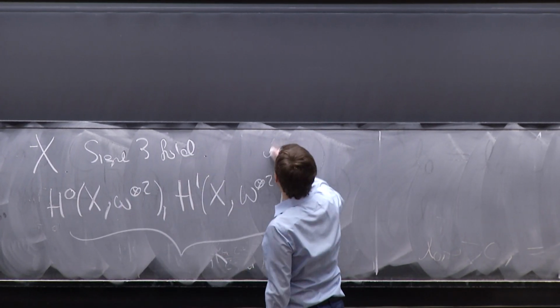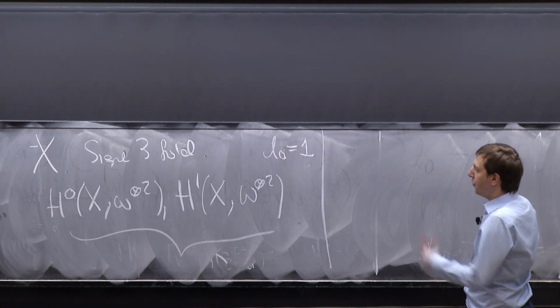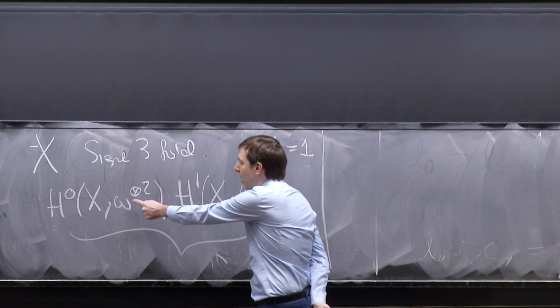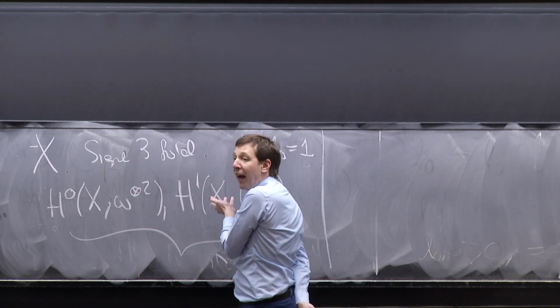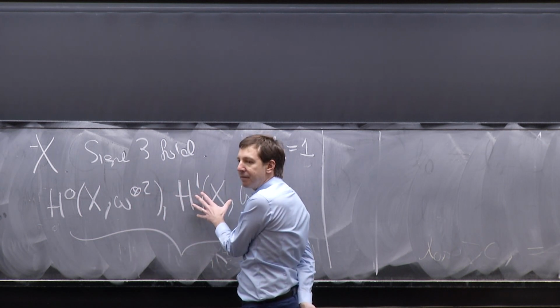So here I'm doing F is equal to Q, so L0 is equal to 1. So it's just like modular forms of weight 1, right? Again, if I take omega cubed or higher, this vanishes, and I'm in a regular situation. But for omega squared, there is some H1.